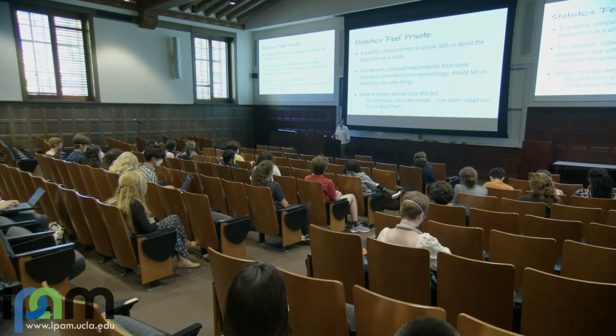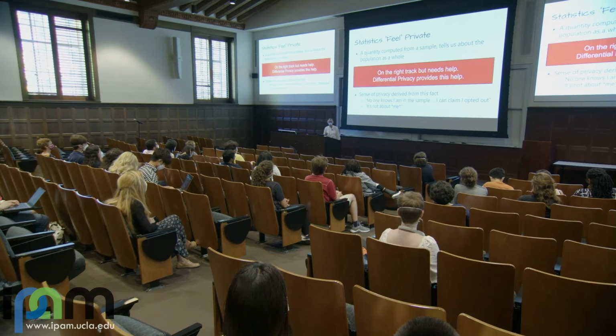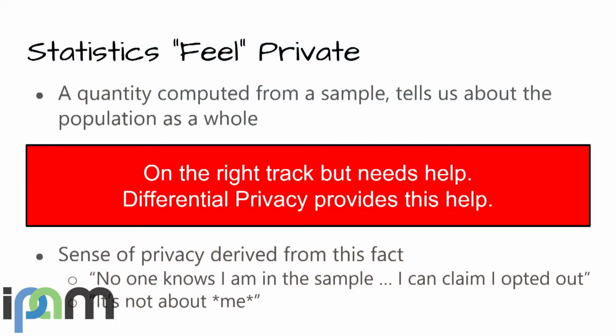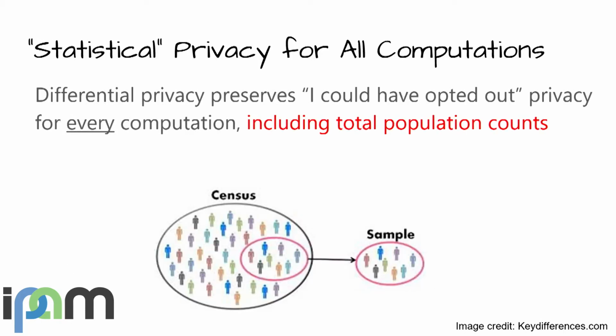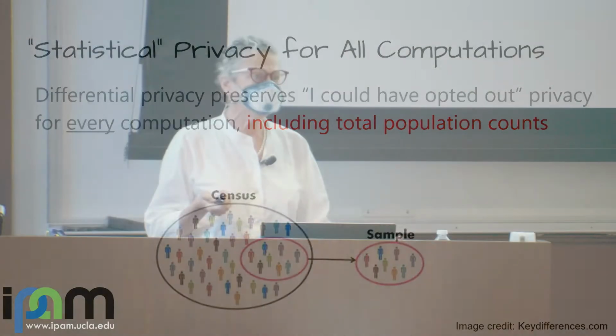So statistics feel private, and this is on the right track, but they don't by themselves give you privacy, and so they need some kind of help, and differential privacy provides this help. In fact, differential privacy preserves the "I could have opted out" semantic sense of privacy for every computation, including total population counts, where we're not even choosing a subsample.